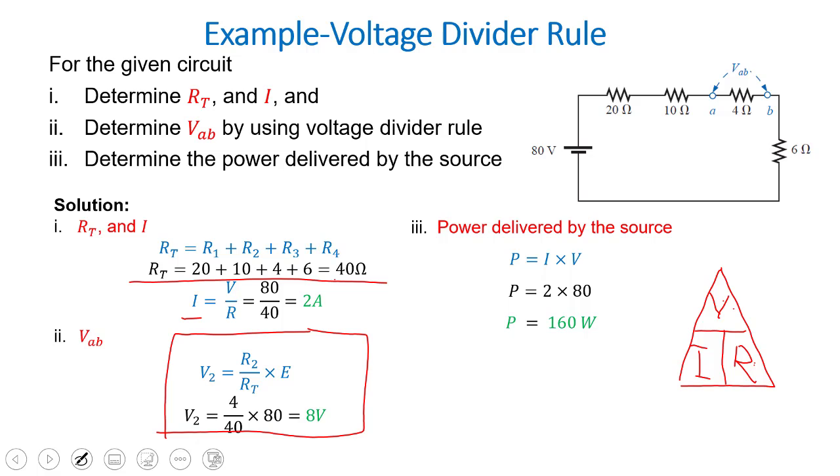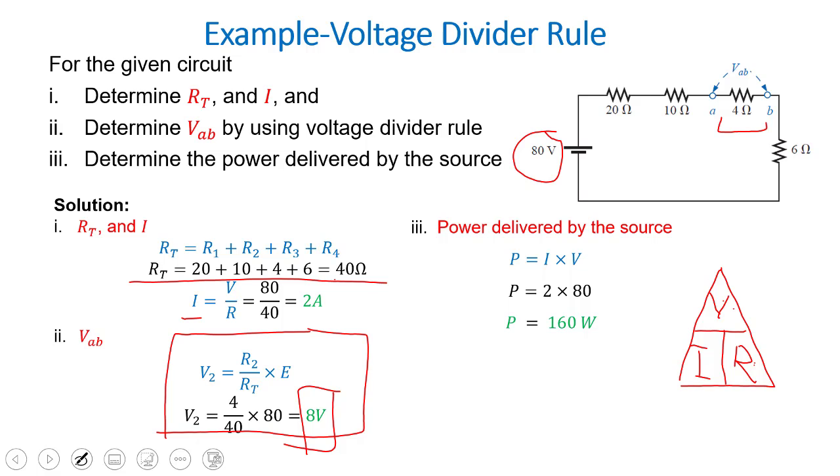Now, we are going to use the voltage divider rule. We want the voltage across VAB. So VAB is equal to R2, which is 4, divided by 40, which is the total resistance, multiplied by 80, which is the source over here, and we get 8 from here.